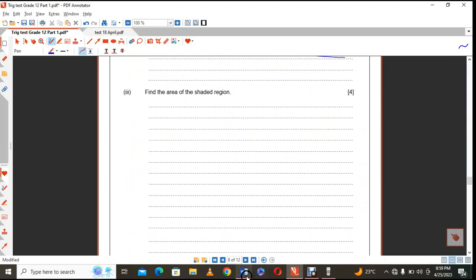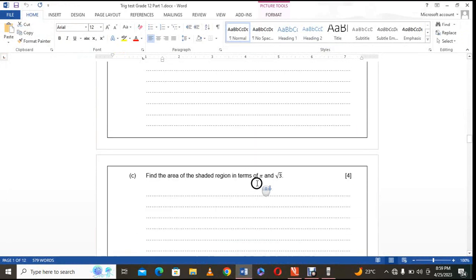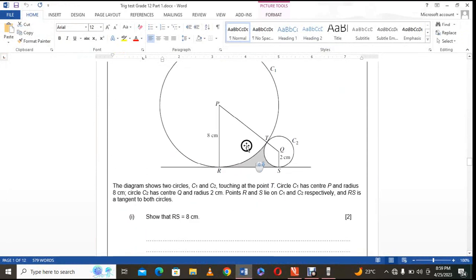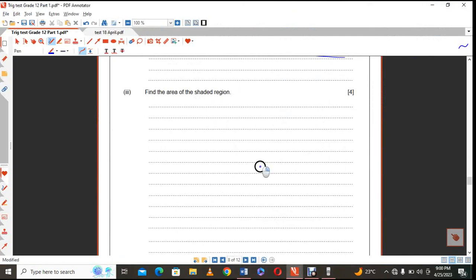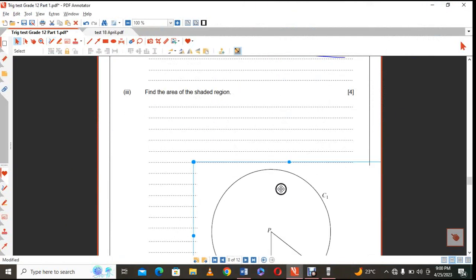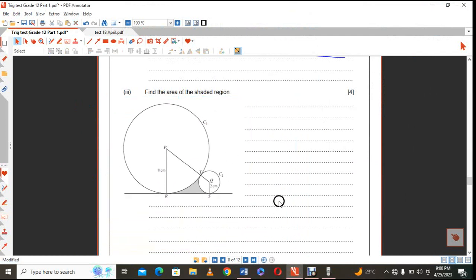So again, I'm just quickly going to bring in that diagram, okay, because I don't want to work on the one that I had before. So I'm just going to grab the diagram, and I'm going to copy it over into my working here. All right. So let's see. So what do we know?